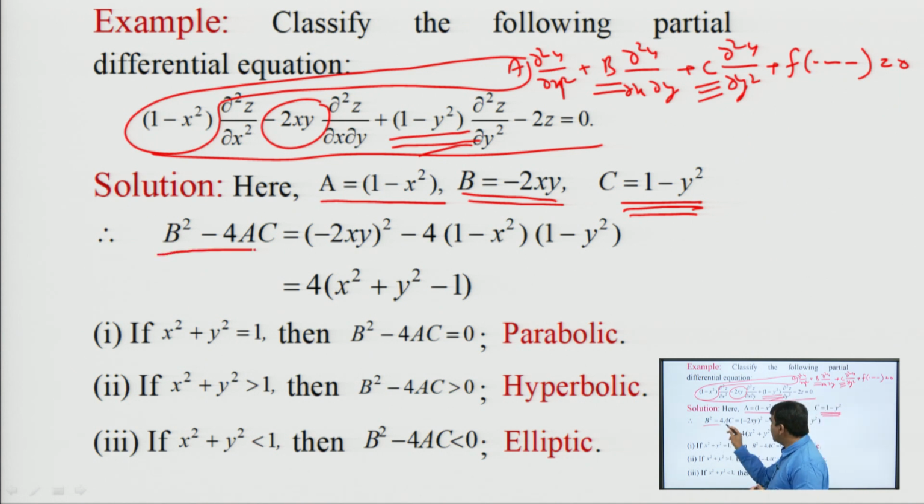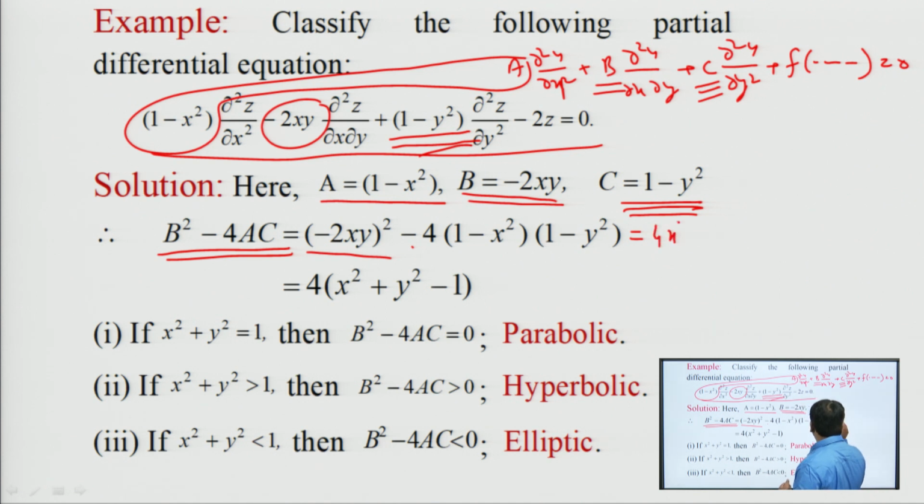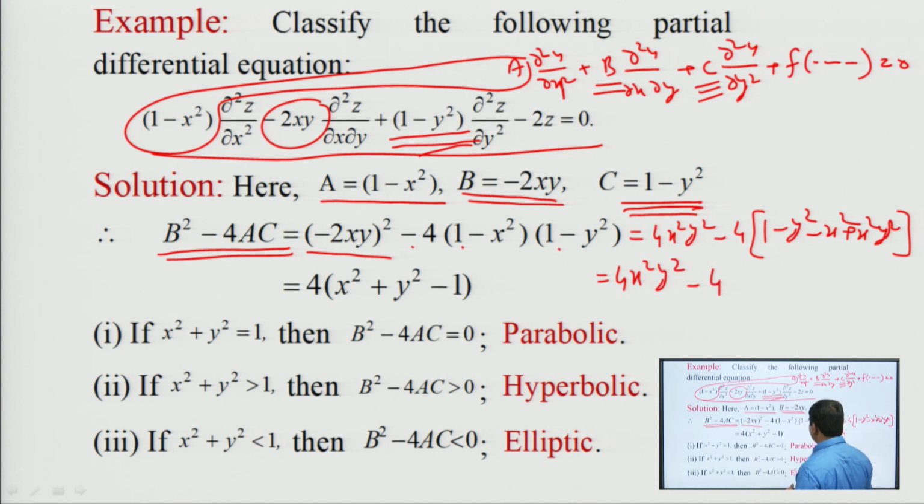And if you calculate b square minus 4 a c, that is minus 2 x y whole square minus 4 into 1 minus x square into 1 minus y square, and when we solve this, we will get 4 x square y square minus 4 into 1 minus y square minus x square plus x square y square, which is equal to 4 x square y square minus 4 plus 4 y square plus 4 x square minus 4 x square y square.